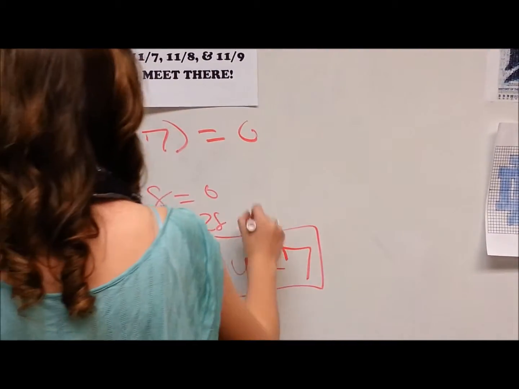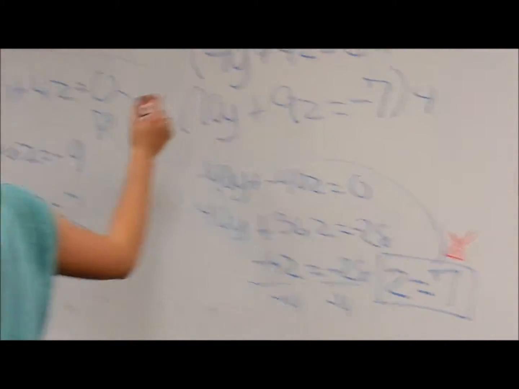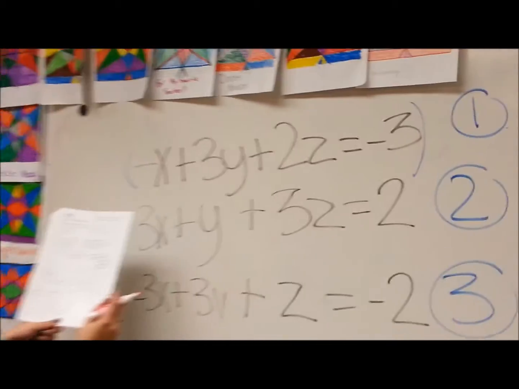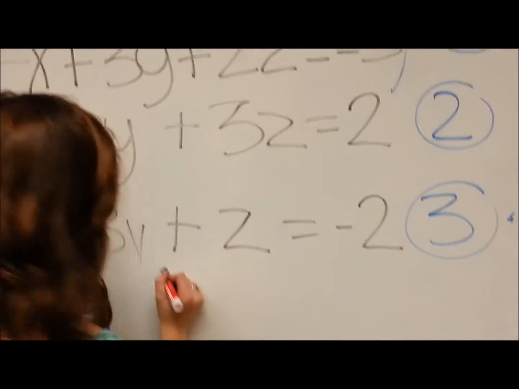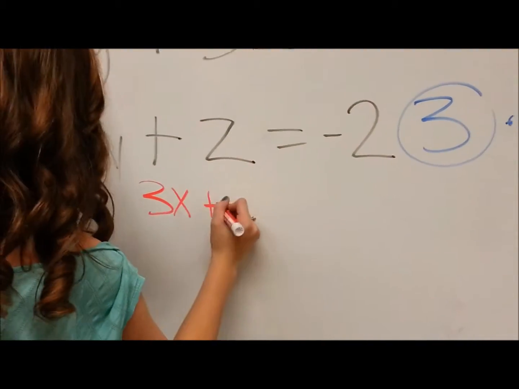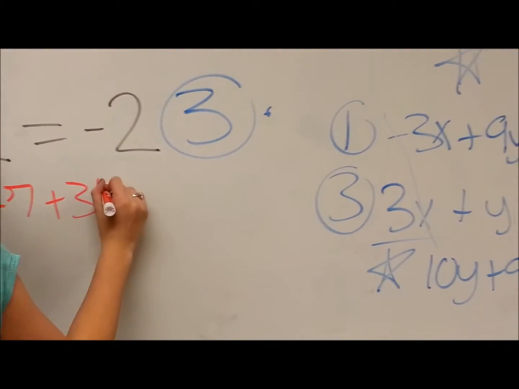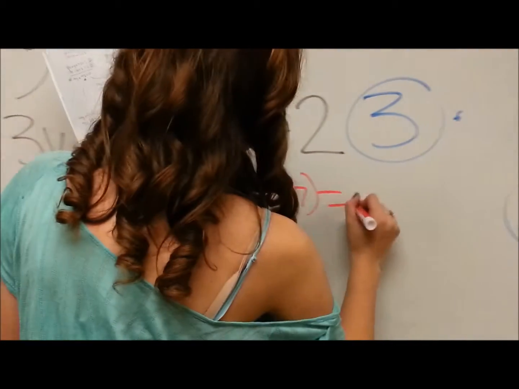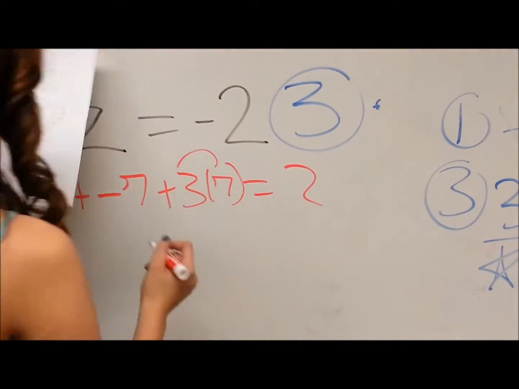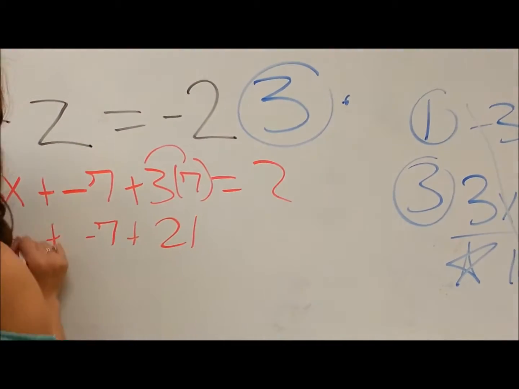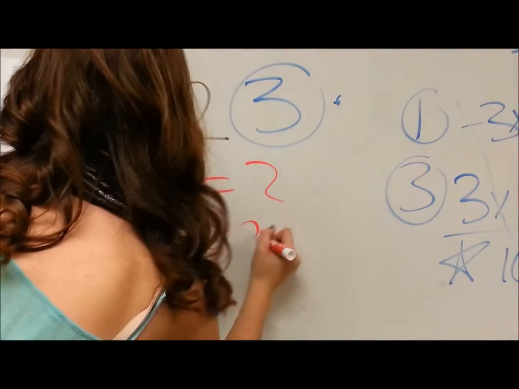Then you're going to plug in this and this into one of your original equations back over here. So in this case, we did this problem. So you're going to rewrite it as 3x plus negative 7 plus 3 times 7 equals 2. You're going to distribute the 3 to make that 21. Bring down the negative 7 and the 3x and set it equal to 2.